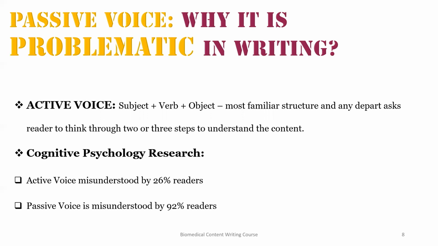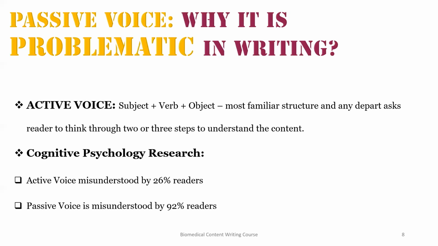If you're writing in active voice, it helps the reader understand that the doctor has asked for the reports. But "the report has been asked by the doctor" pushes the reader to think deeper to understand the meaning.